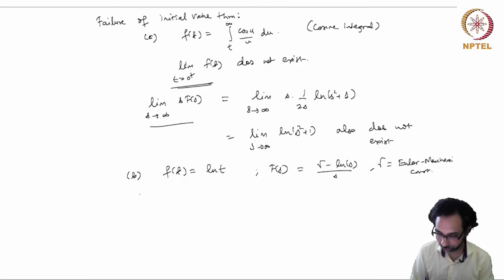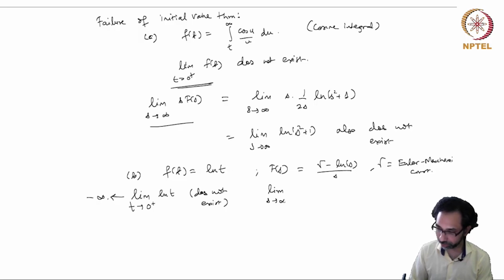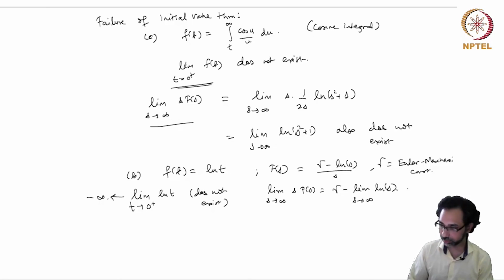And so if you take the initial value for ln t, this does not exist and goes to minus infinity, and if you take the limit as s tends to infinity of sF(s), this is minus gamma minus the limit as s goes to infinity of ln s, so this also goes to minus infinity.